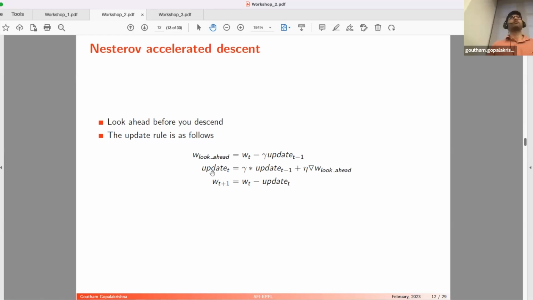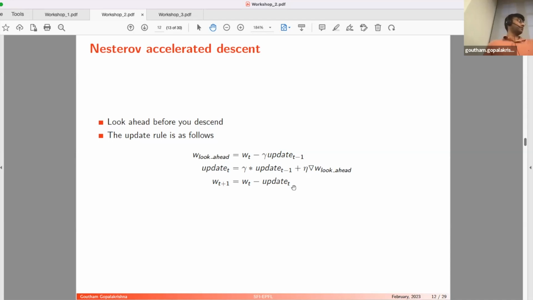You have the same equation here. In the plain vanilla gradient descent, you had eta times the gradient, whereas now you're going to replace that with a look ahead property. What does it mean? Instead of computing the gradient at iteration t, you compute the gradient at iteration t plus 1.